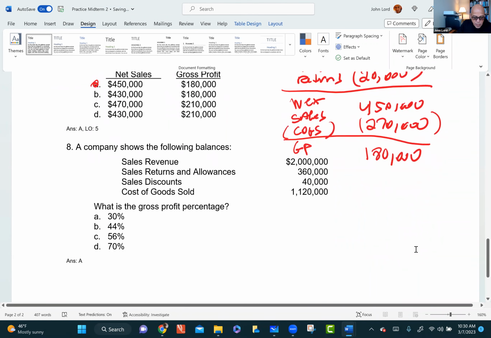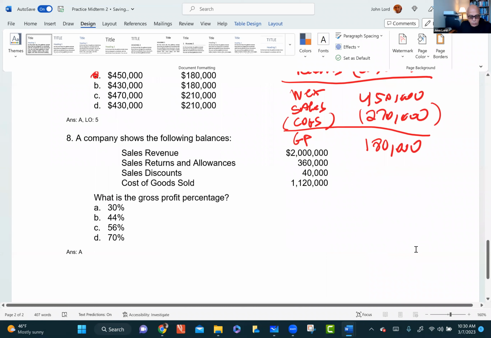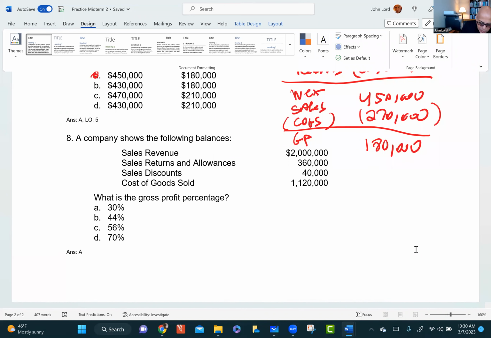Okay. Now, guys, remember that we talked about gross profit percentage. Let's review that again. If you have sales, you take off returns. The returns here were 360. Let me write the sales.